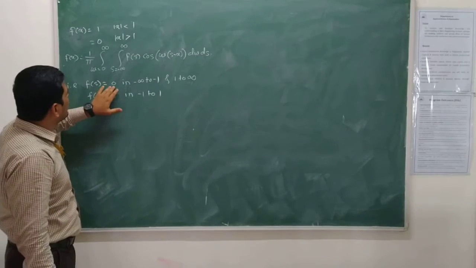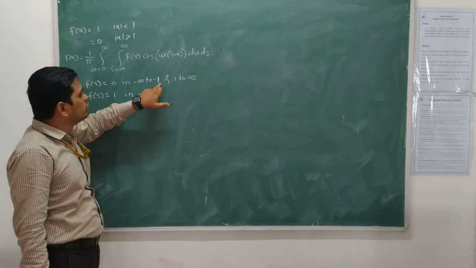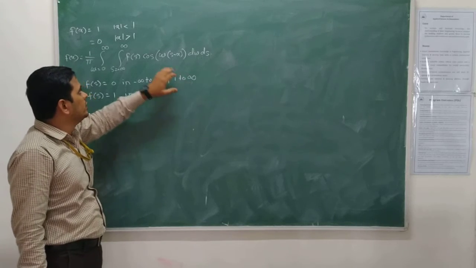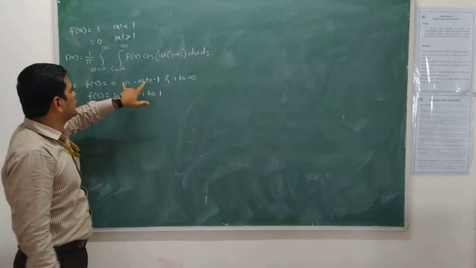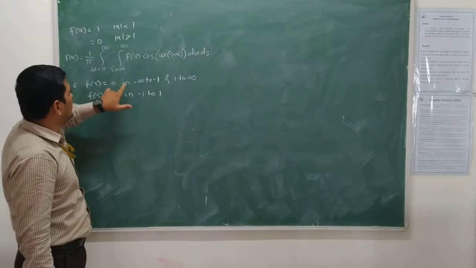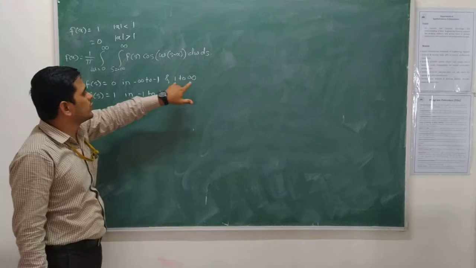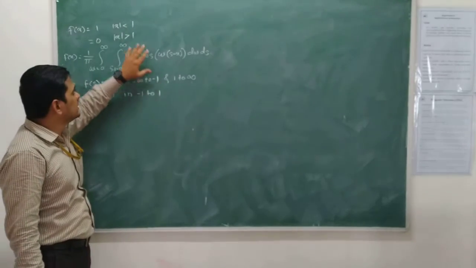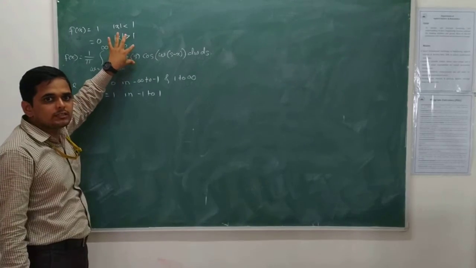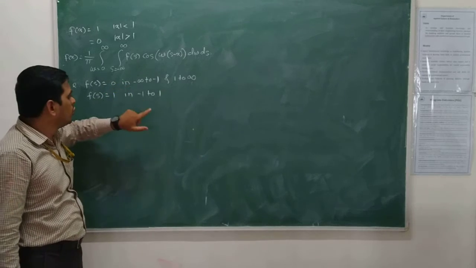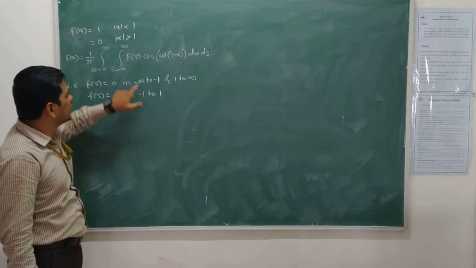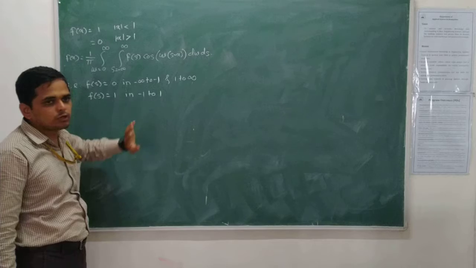Now, as f of s is 0 in the intervals minus infinity to minus 1 and 1 to infinity, for these two ranges this inner integral becomes 0. Only the inner integral will survive in the range of minus 1 to 1.